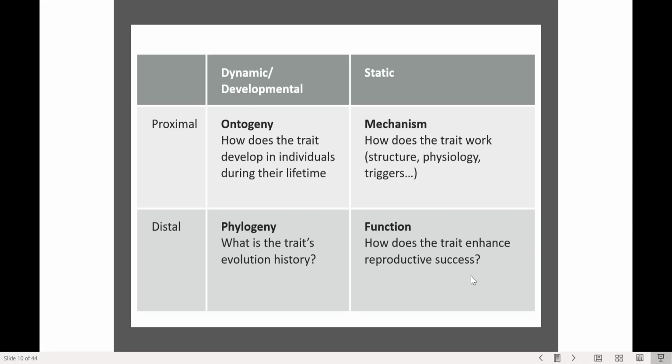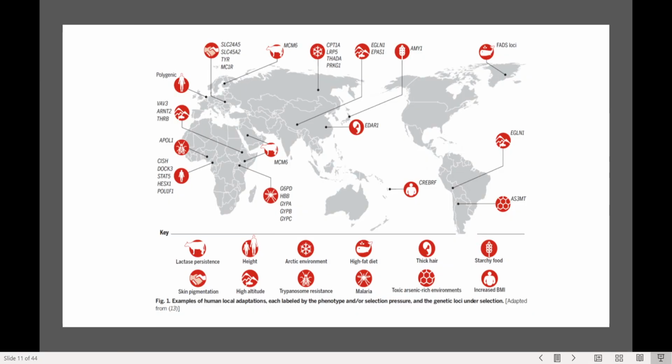And this is really what evolution can offer to the understanding of disease, because we need to focus on both the developmental processes and the mechanistic processes together with the long-term phylogenetic and functional causes of any kind of body function.